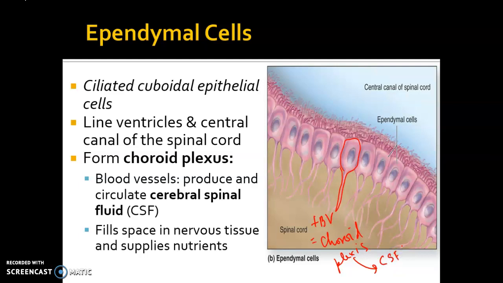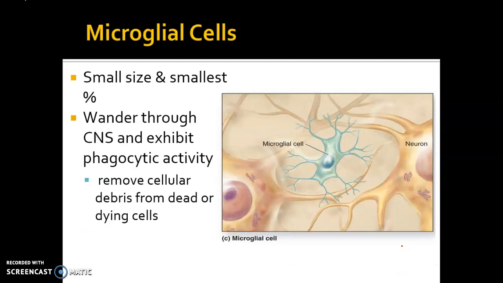So remember that. Ependymal cells together with nearby blood vessels form the choroid plexus, which produces and secretes cerebrospinal fluid. That's the function of ependymal cells. Remember, cerebrospinal fluid.